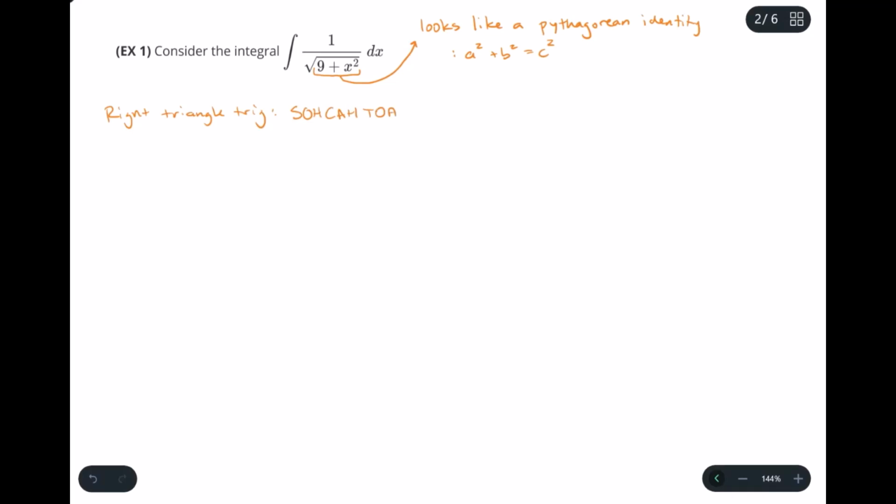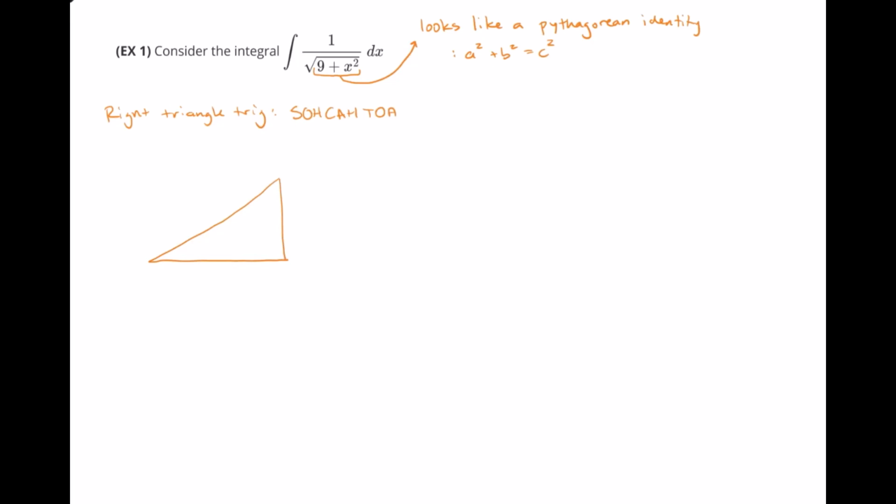SOHCAHTOA is just that acronym that is the relationship of sides of a triangle based off of each trig function. So sine is the opposite over the hypotenuse, cosine is the adjacent over the hypotenuse, and so forth. So if I were to set up a right triangle, because the Pythagorean identity is involved, then right triangles are inherently involved here because the Pythagorean identity works with measuring the sides of right triangles.